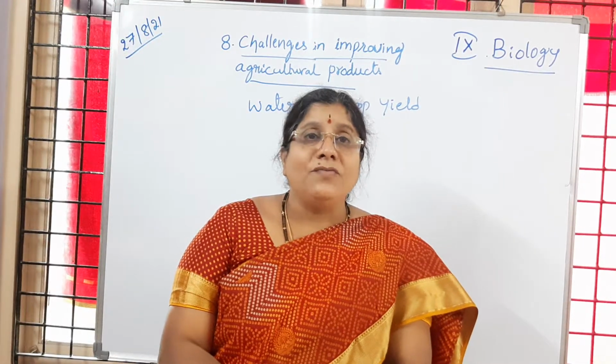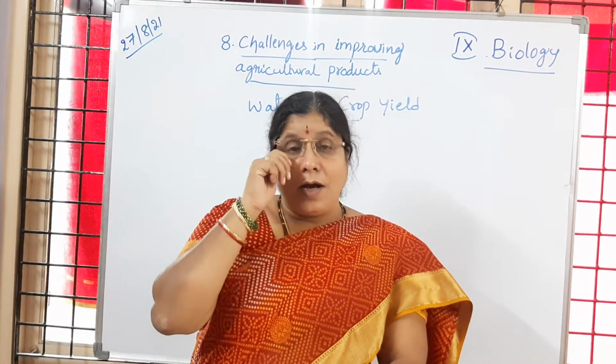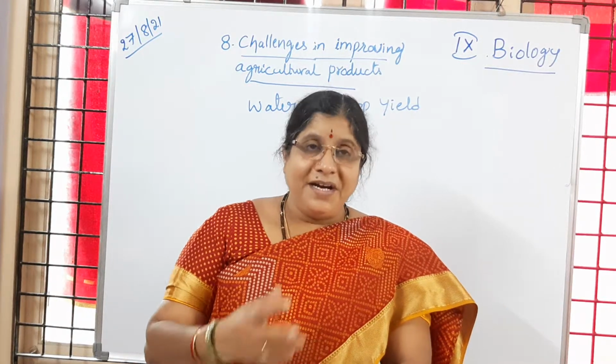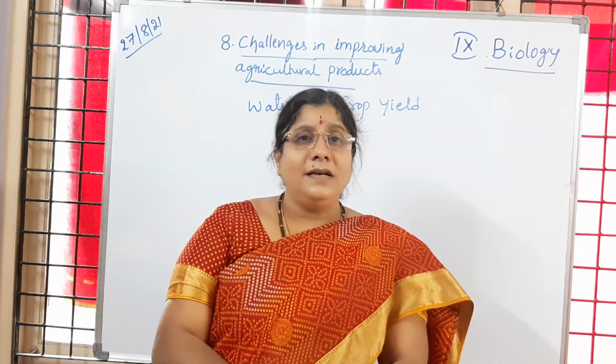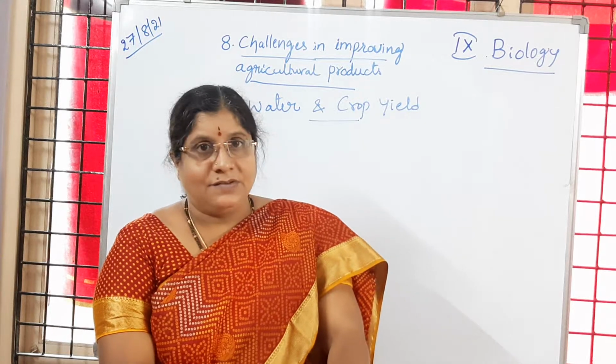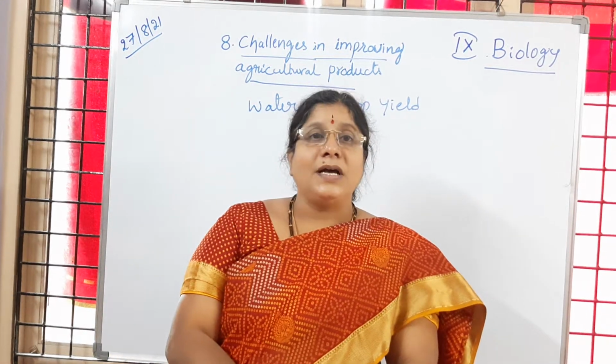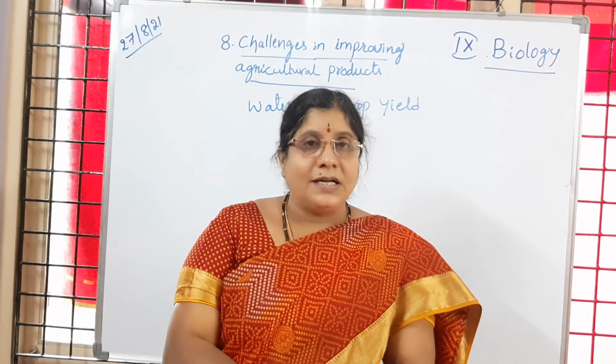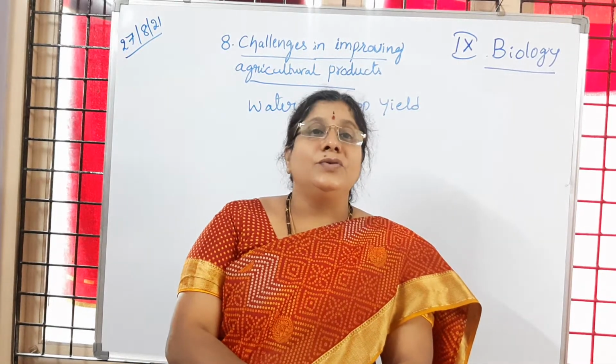If a farmer wants to get a good yield of the crop, what does he have to do? Immediately in the rainy season he has to start his farming work, so that the water bodies are filled with water and he can get a good yield.